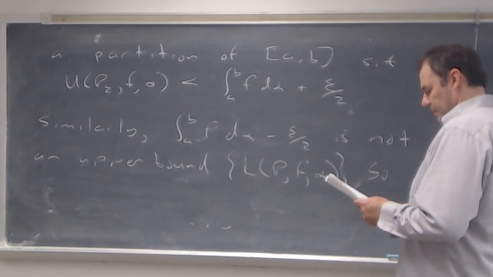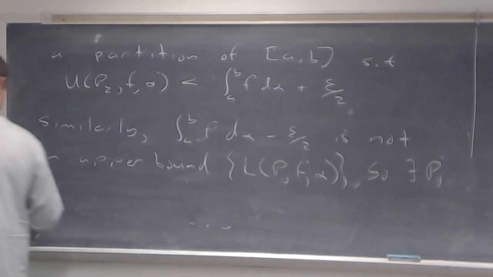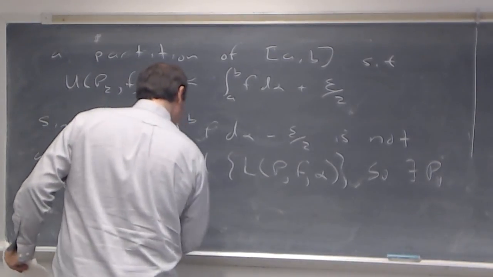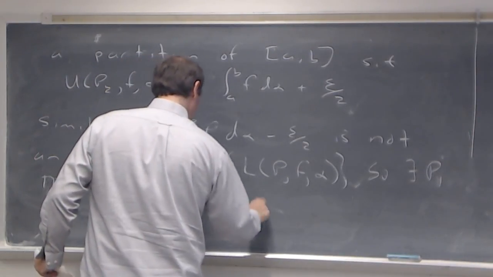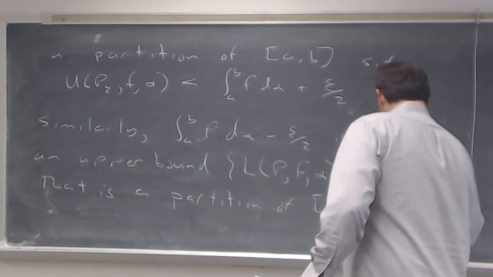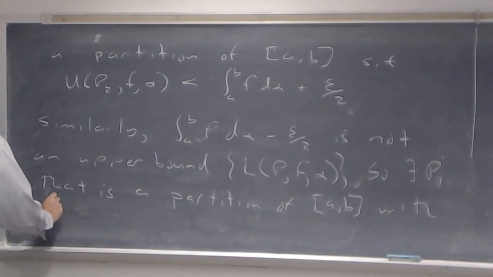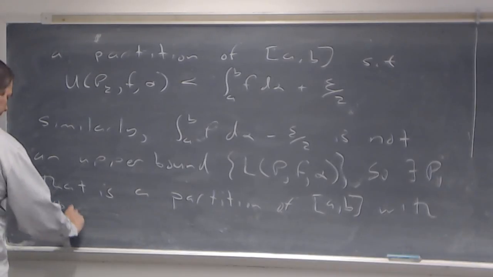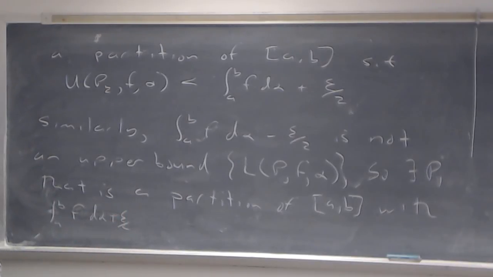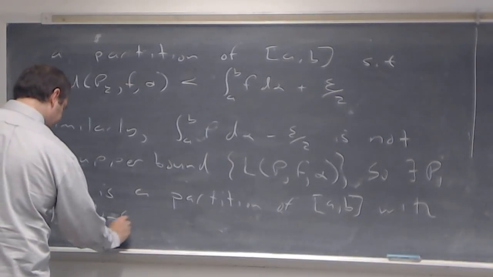So there exists a P1 that's a partition of A to B with an integral from A to B of F d alpha minus epsilon over 2.